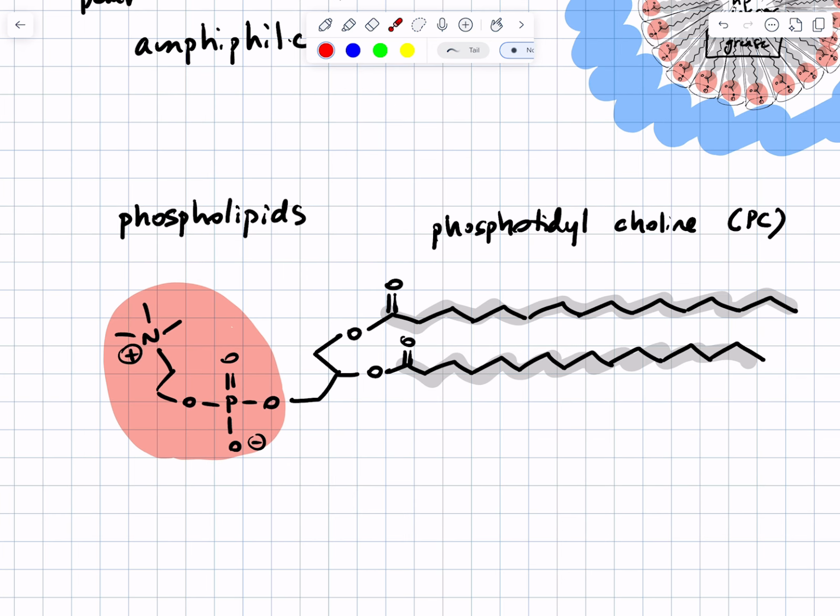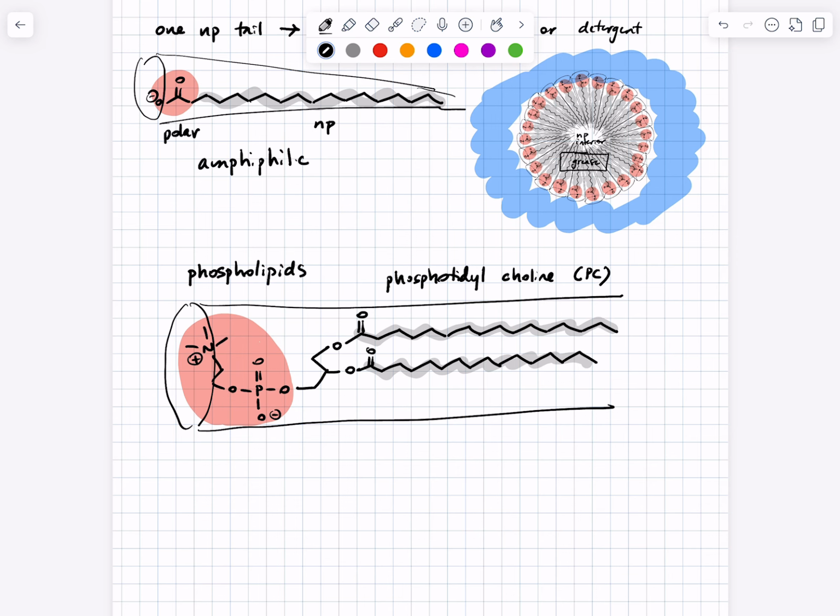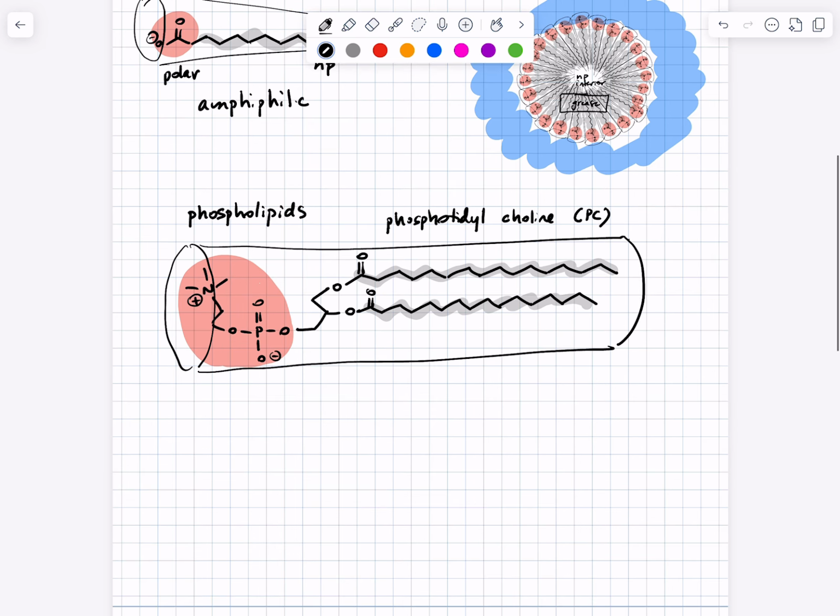Okay, so shape, as I've told you, matters. Shape is related to structure and function. Notice the difference between the shape of a phospholipid and the shape of a molecule that forms a micelle, or that is a soap or a detergent. The phospholipid is more cylindrical. It occupies a more cylindrical volume.